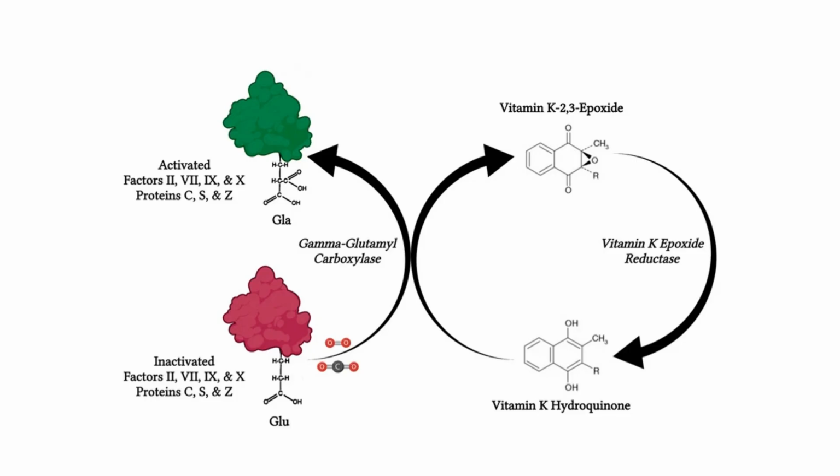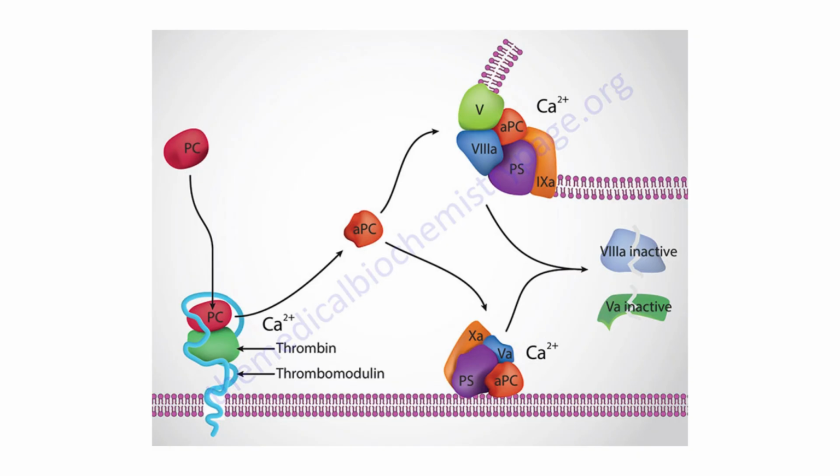Why is this modification important? Why is GLA formation needed in the gamma carboxylation process? Because only gamma carboxylated clotting factors can bind calcium ions. The very important point here is that we need calcium. Without calcium, clotting factors cannot attach to the platelet phospholipid surfaces. So calcium is very essential here.